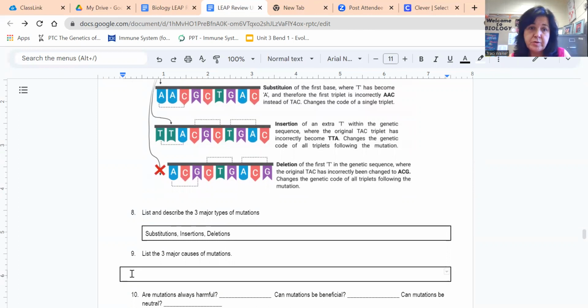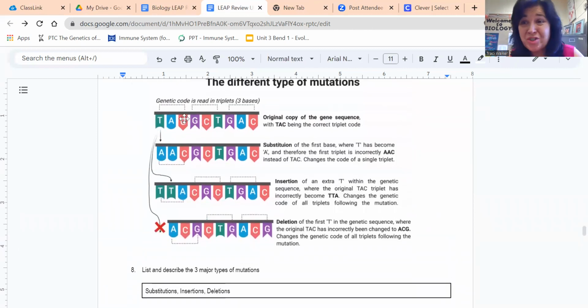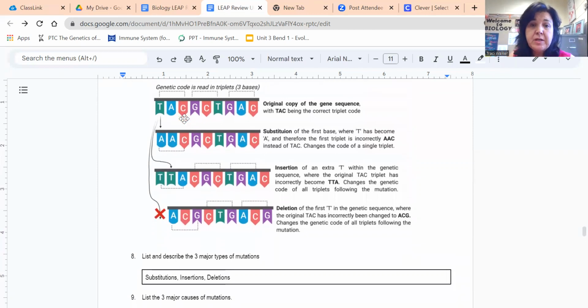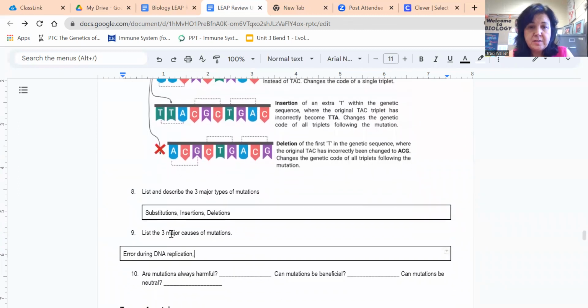So the first one is error during DNA replication. Sometimes just a random error occurs, no particular reason, and that can cause a mutation. Other things that cause mutations are mutagens.